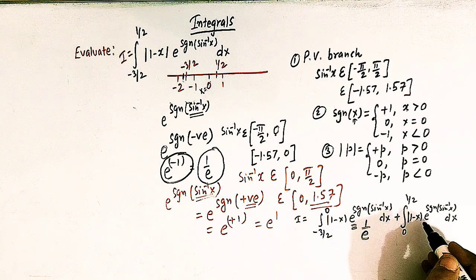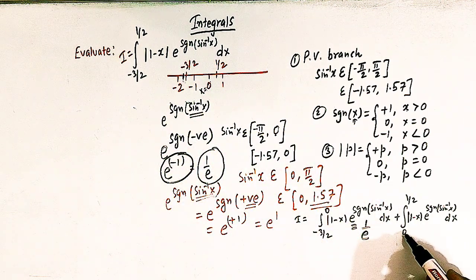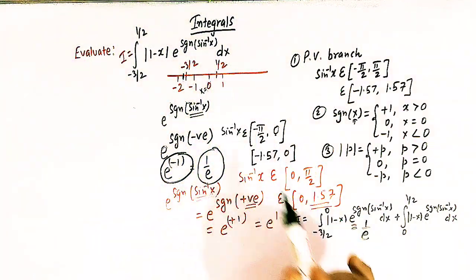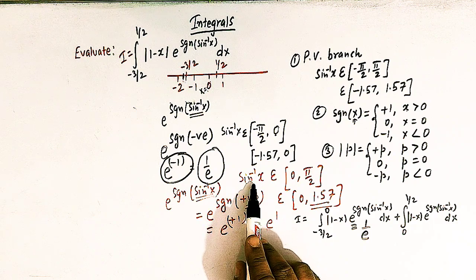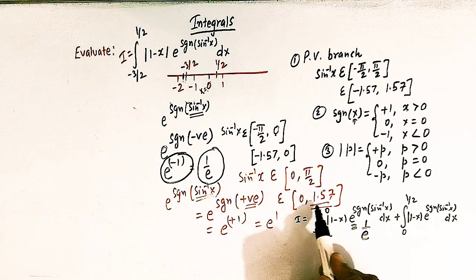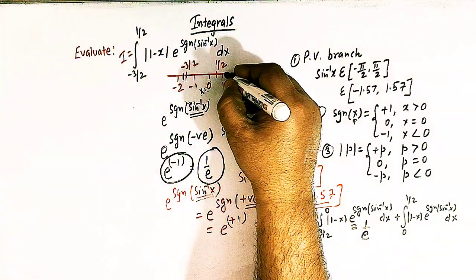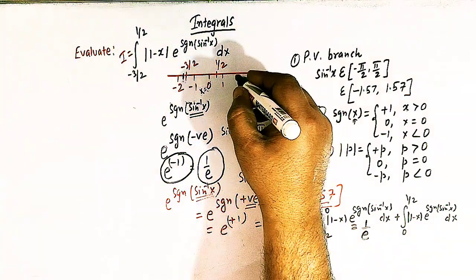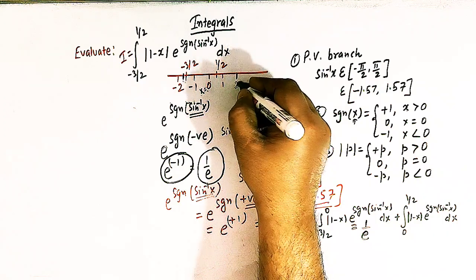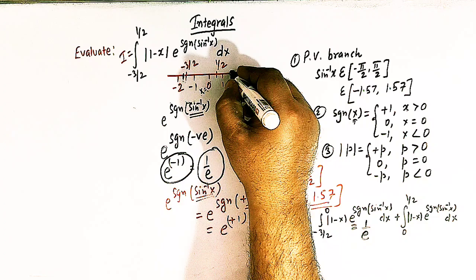And in the second integral, we have the limits from 0 to half. When we go from 0 to half, sine inverse x belongs to 0 to pi by 2, that is 0 to 1.57. So 1.57 lies somewhere here, because here we have 2.